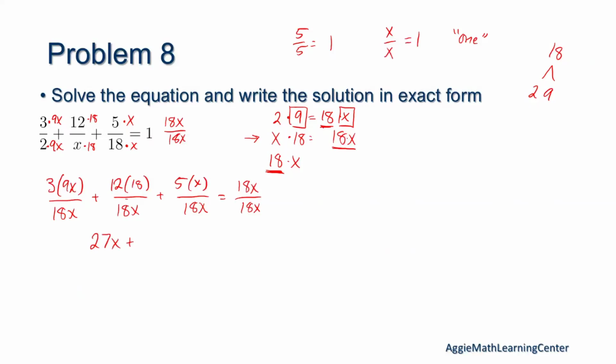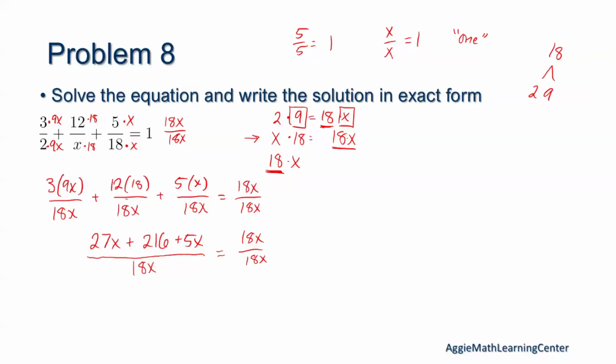And what's 12 times 18? I think it's 216. Okay, plus 5x, all over 18x equals 18x over 18x.